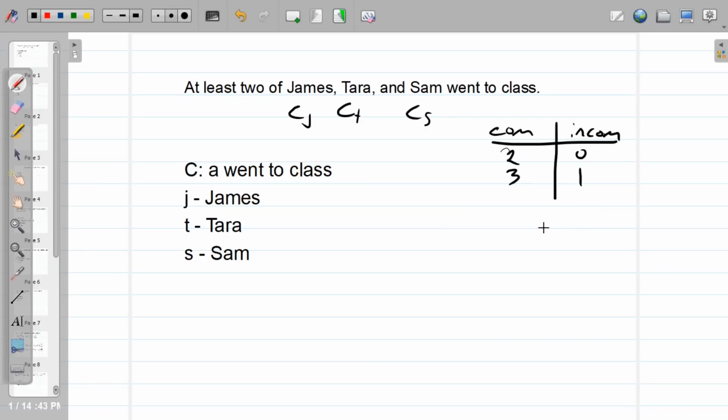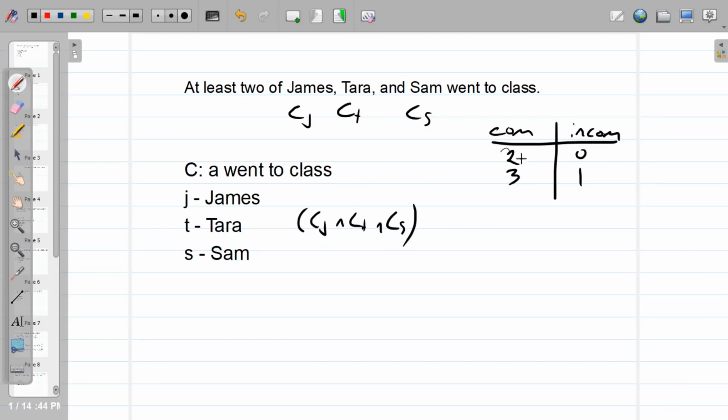How do we do this? We can literally just brute force it. Imagine I've utterly forgotten everything I taught you about the general forms. I'm going to say, well, CJ and CT and CS.